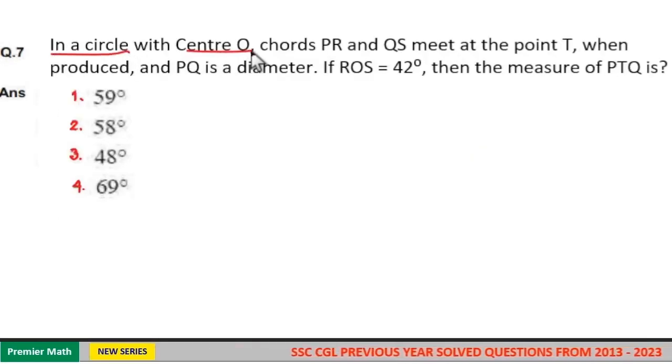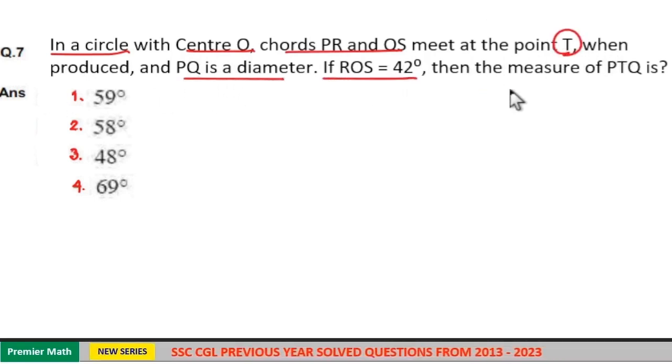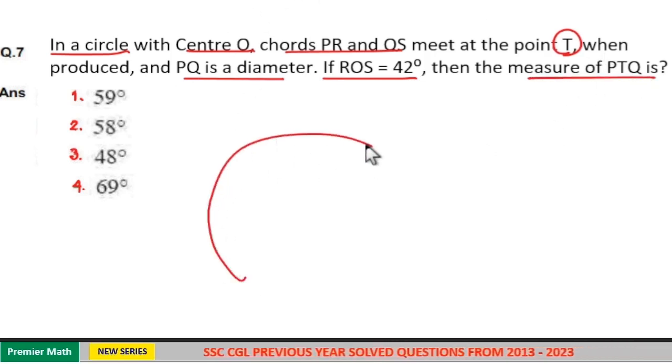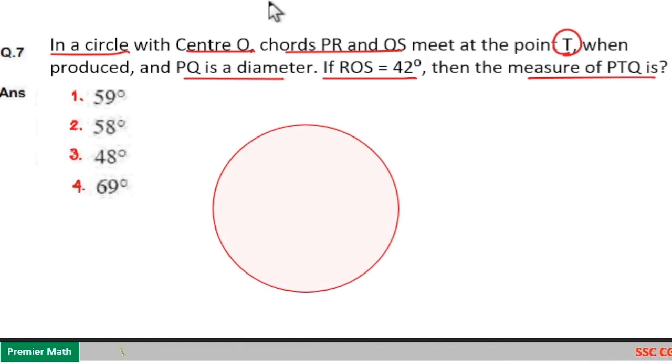In a circle with center O, chords PR and QS meet at the point T when produced and PQ is a diameter. If ROS is 42 degree, then measure of PTQ is. Here this is the circle with center O and here PQ is a diameter.